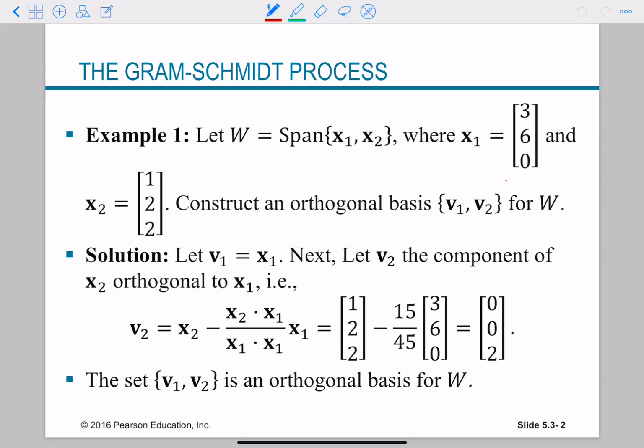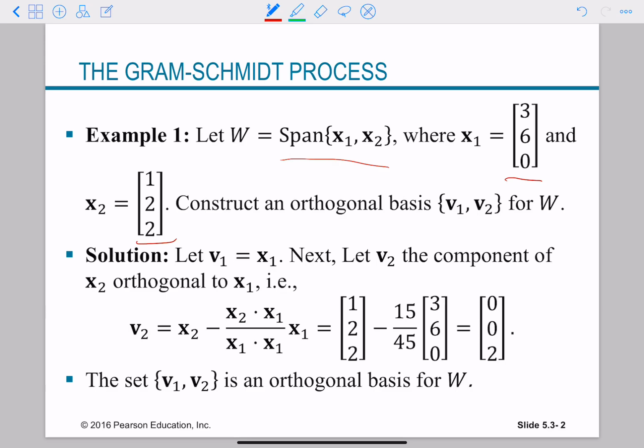Okay, so over here, let's consider the span of these two vectors, and they are not orthogonal to each other. If we compute their inner product, the inner product will not be zero.